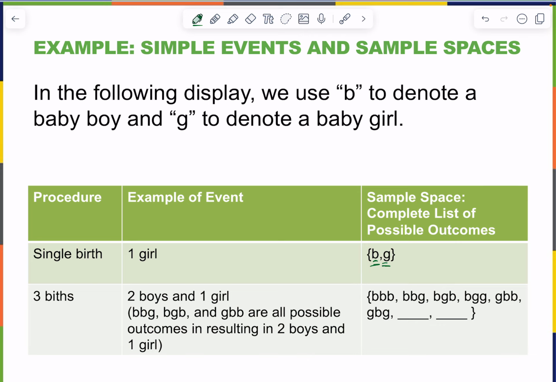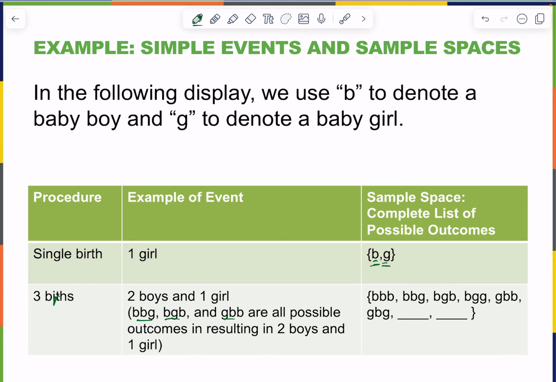Another procedure is 3 births. Oh, there's a typo there. Now with 3 births, an example of an event would be 2 boys and 1 girl. Now notice, this is not just a result, because there's actually 3 different results that fall within this event. So this event really is a set of outcomes, because you could have boy, boy, girl, boy, girl, boy, or girl, boy, boy.